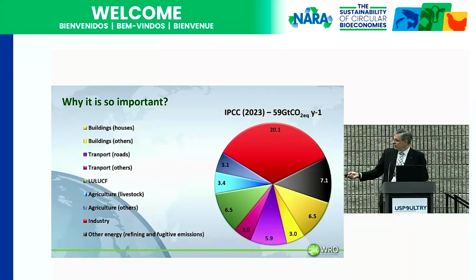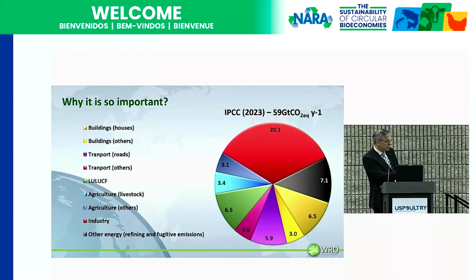Then comes land use change and forestry, with the contractual LULUCF. Then again, the livestock and other agriculture. If we take the first Livestock Long Shadow report, it would represent 8.3 gigatons per year.